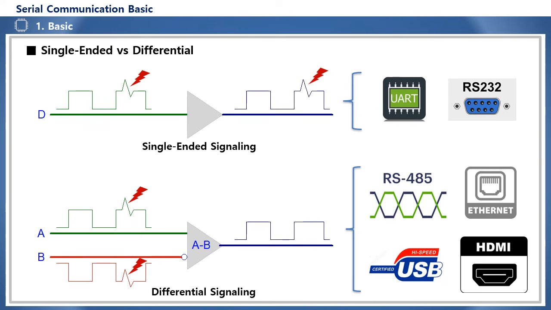On the other hand, differential signaling is a method of sending a non-inverted signal and an inverted signal on two adjacent lines, and by using the subtraction signal of the two signals at the receiver, it has the characteristic of naturally removing external noise. And by using the subtraction signal, even if the communication line is long and the amplitude drops somewhat due to signal attenuation, the final signal at a level that can be processed to some extent can be obtained.